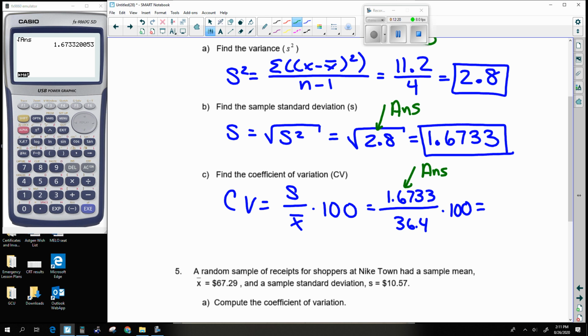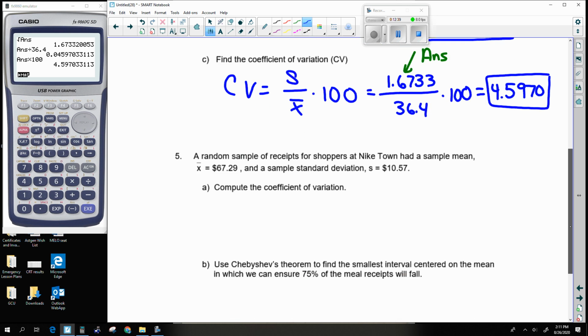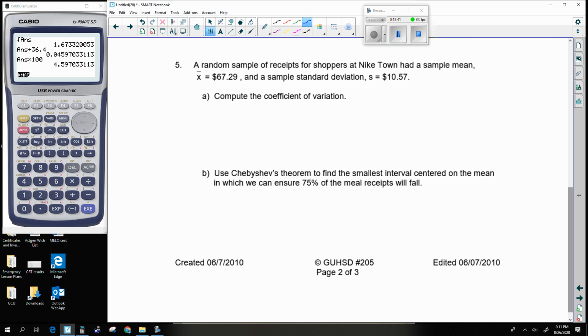All right, so I'm going to take the answer divided by 36.4 times 100. Compute the coefficient of variation.